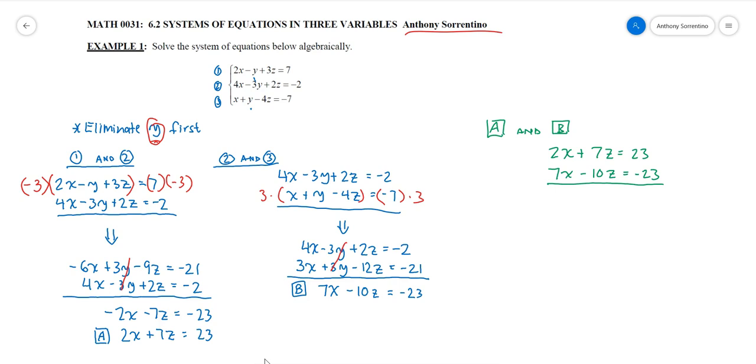Yes, I chose to eliminate z. So the top equation, I'm going to multiply by 10. And the bottom equation, I'm going to multiply by 7.